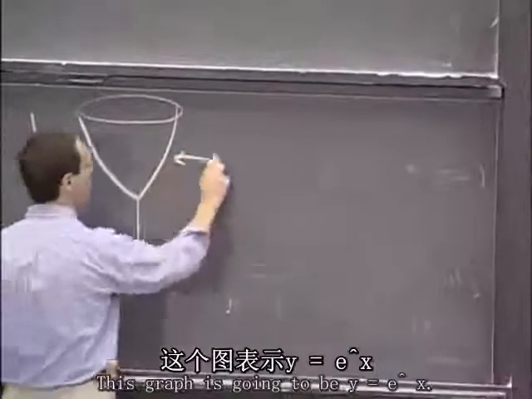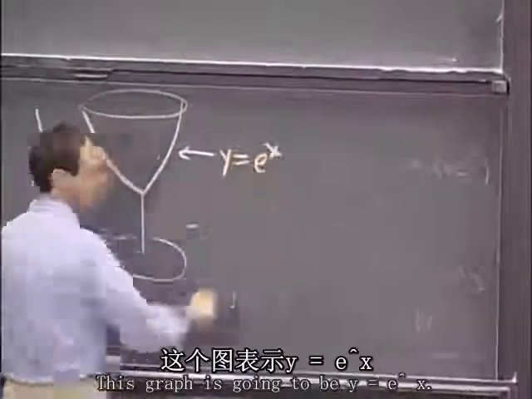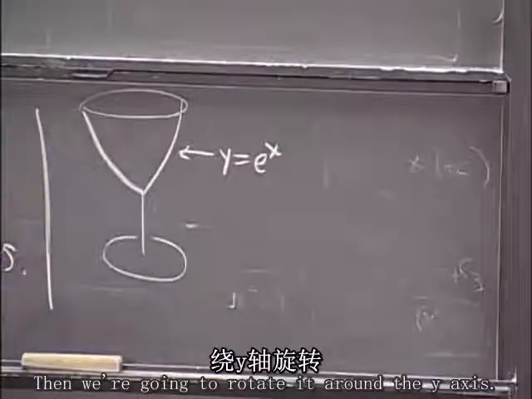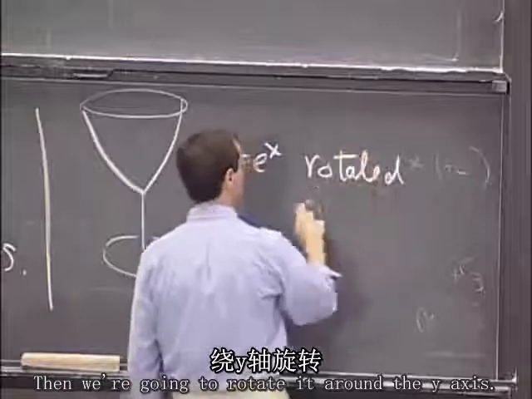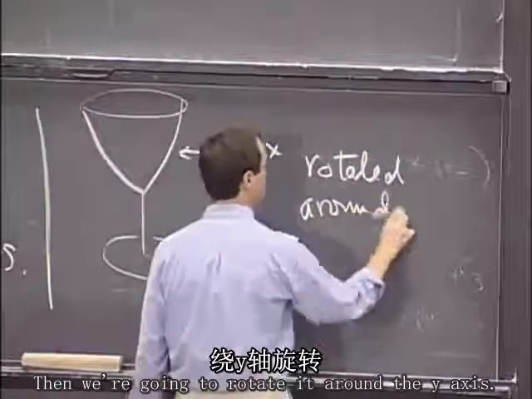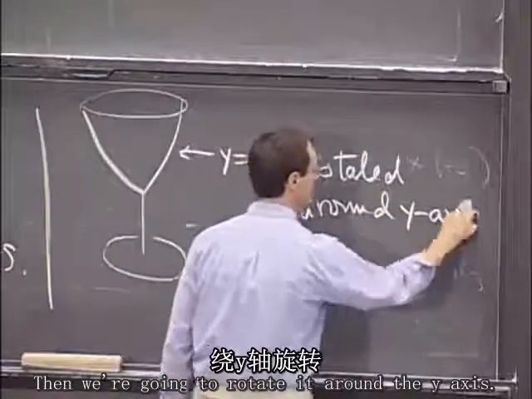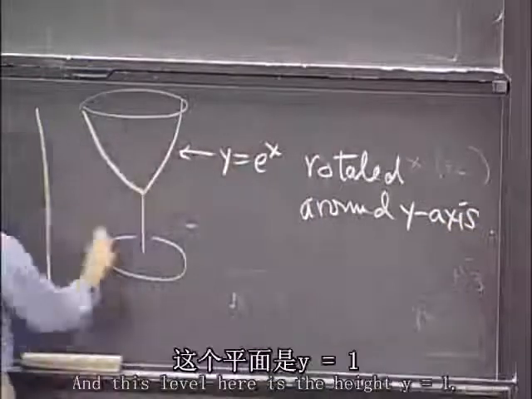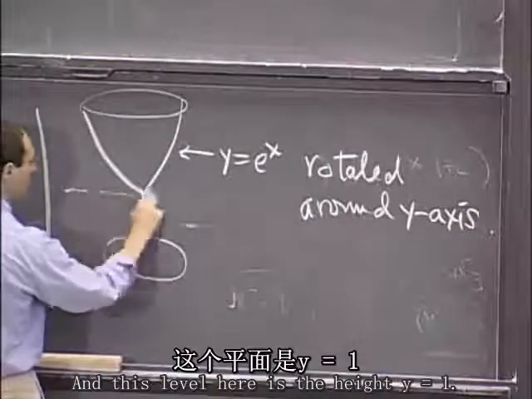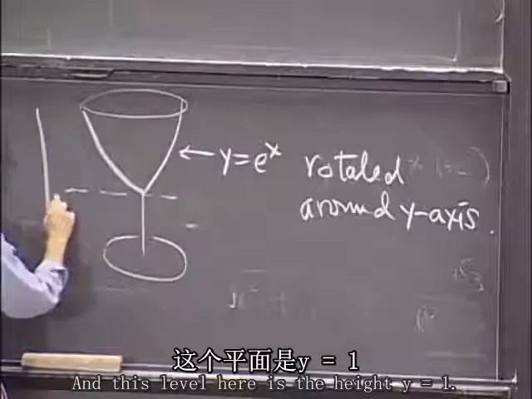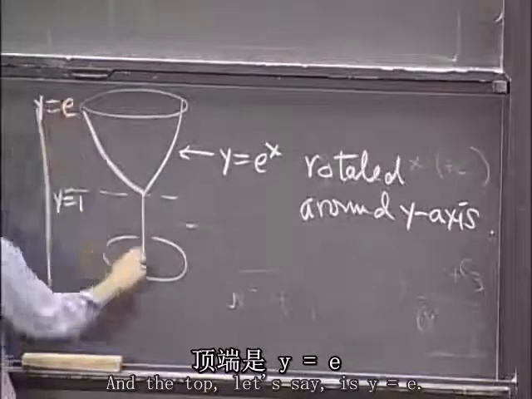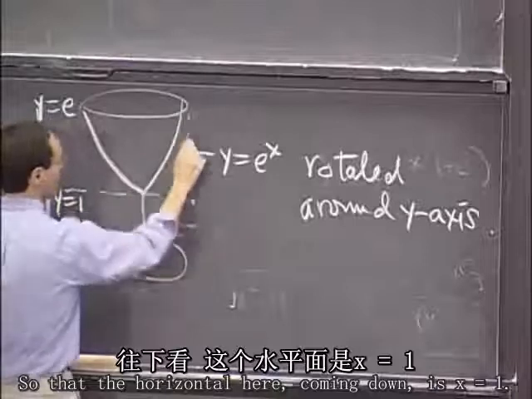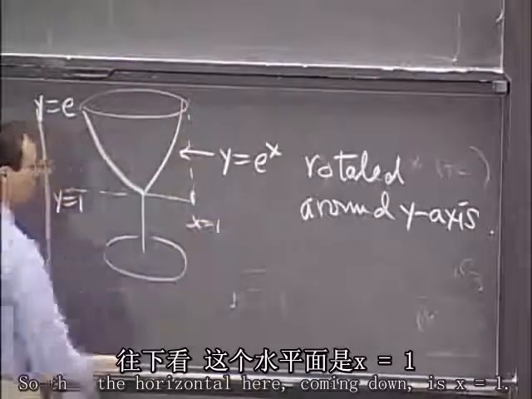This graph is going to be y is equal to e to the x. There, and we're going to rotate it around the y-axis. And this level here is the height y equals 1, and the top, let's say, is y is equal to e, so that the horizontal here coming down is x equals 1.